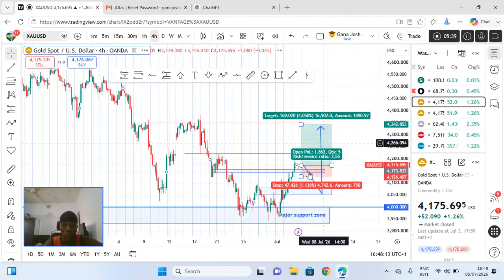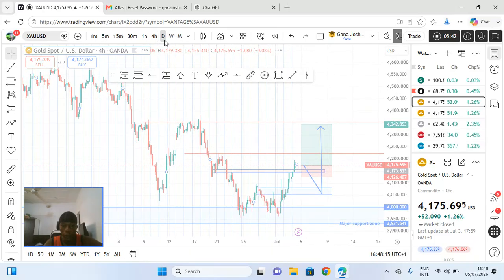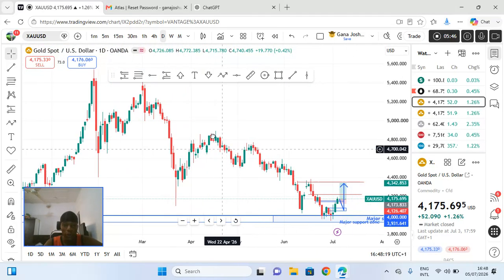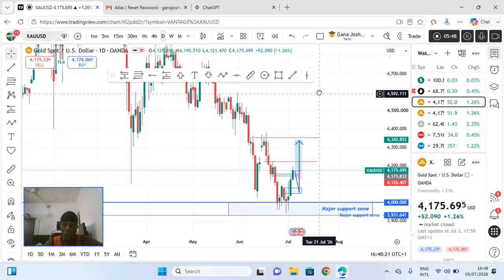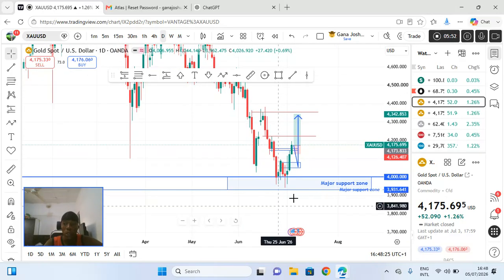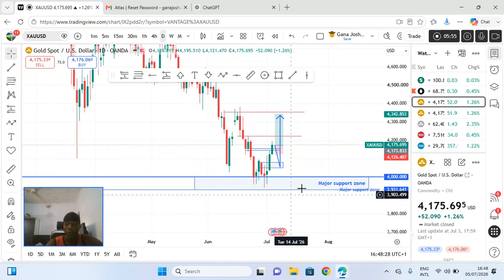Moving on to gold. Gold is coming from this level of support, as you could see. Just like from our last week video, we established that gold was on the support. We don't know if it's going to reverse or not, but one week forward, price reacted very strongly around that support level, 4,000 to 3,931.